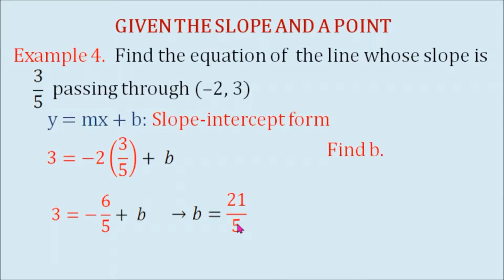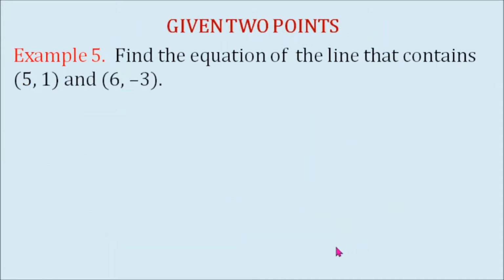Now, we have the slope, we have the y-intercept, so we can write our equation. So it's y equals the slope 3/5, then x plus the y-intercept 21/5.